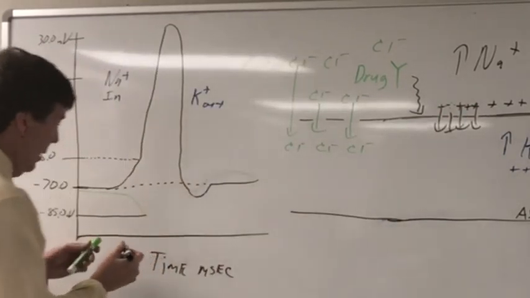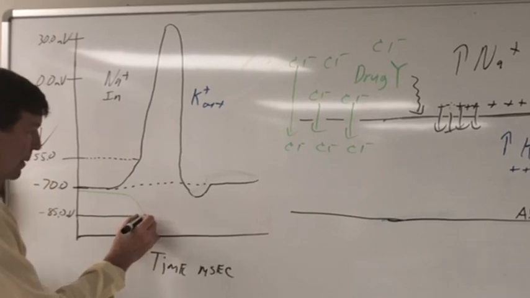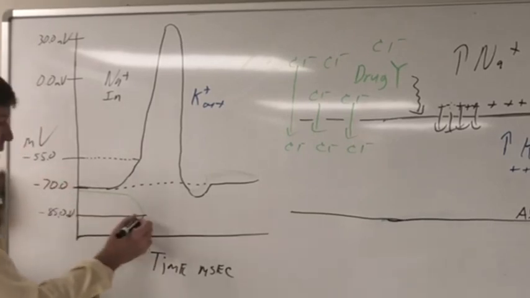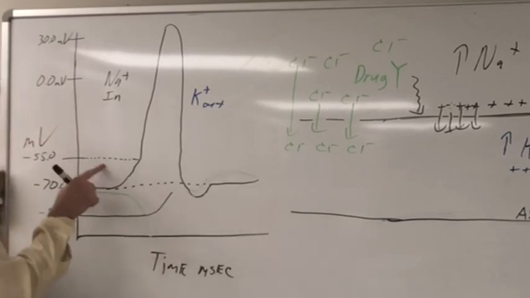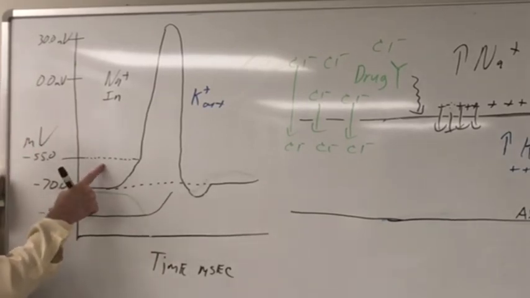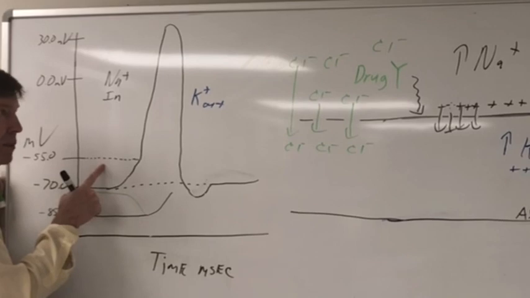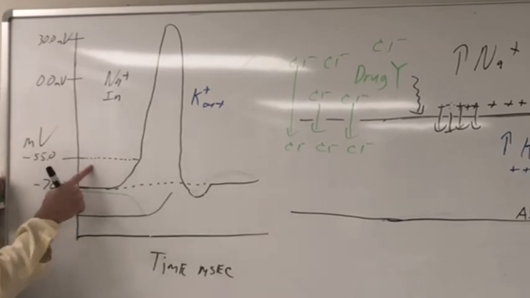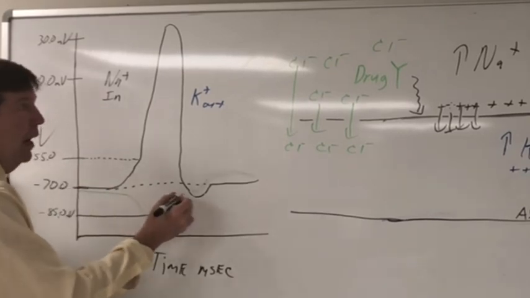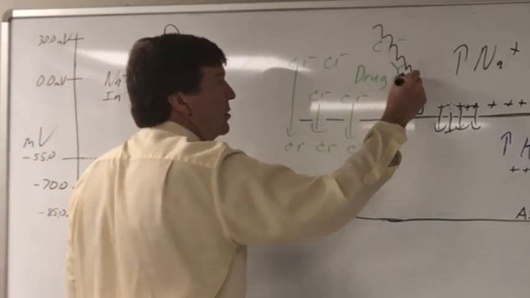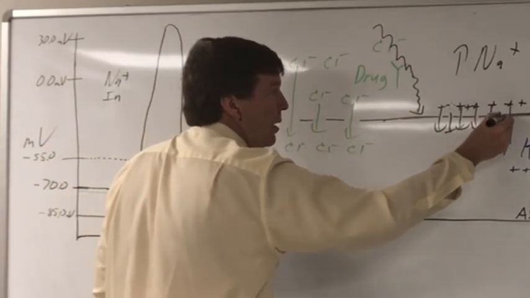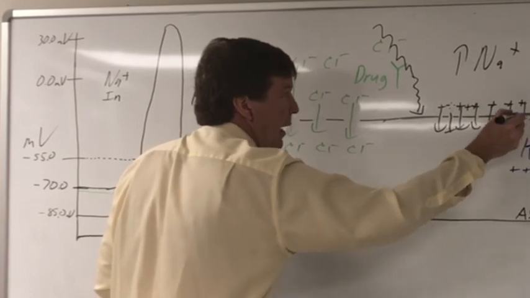Now we're going to be moving back up closer to threshold here. So we're getting there, but it's going to take a much stronger stimulus to get to negative 55. So we're going to have to really increase the magnitude of this stimulus to get more of these to move to the inside.